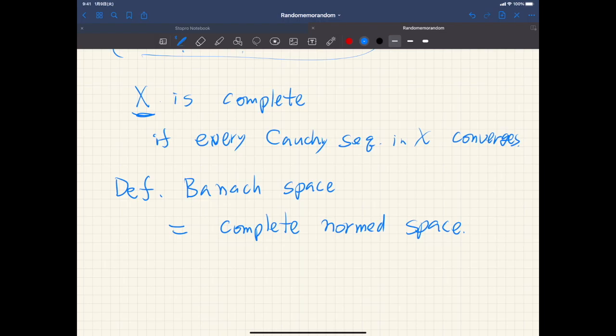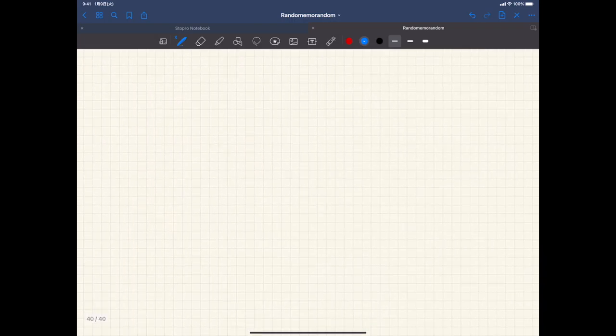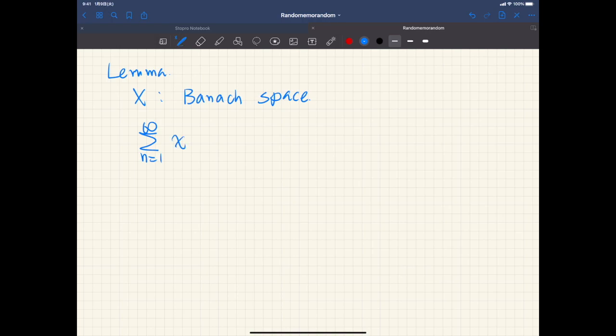At this point, let us prove a little lemma. It's about absolutely converging series and completeness. Let X be a Banach space, and suppose we have a series like this, x1 plus x2 plus and so on.